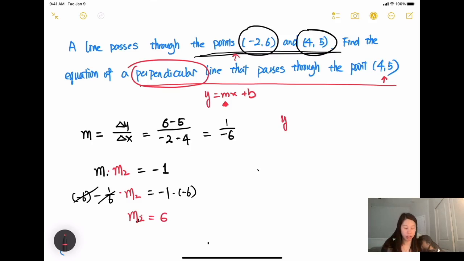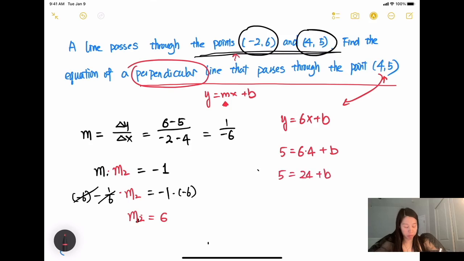So we know that the second equation looks like y equals 6x plus b. And then we also know the point. We can substitute x and y into the equation to find the y-intercept. So y equals 5, x equals 4, so 5 equals 6 times 4 plus b. So I have 5 equals 24 plus b.